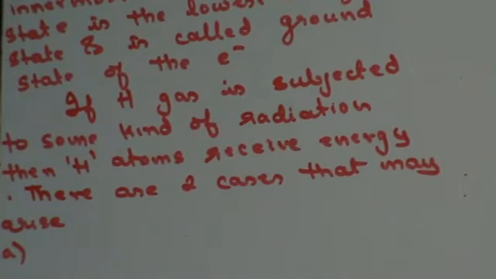So if the energy that is absorbed by the electron in the hydrogen atom is greater than 13.6 electron volts, then the electron will have sufficient energy to jump the orbit and go into the next orbit. For the electron to jump from one orbit and go into a higher orbit, it should be given 13.6 minimum. 13.6 electron volts of energy, right?